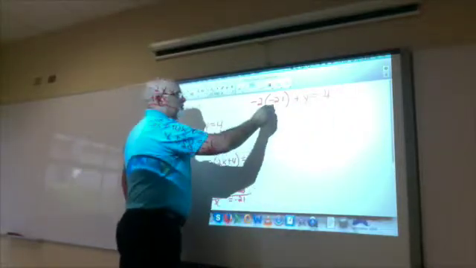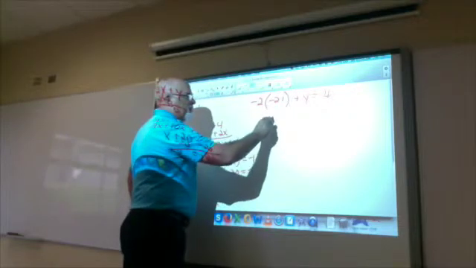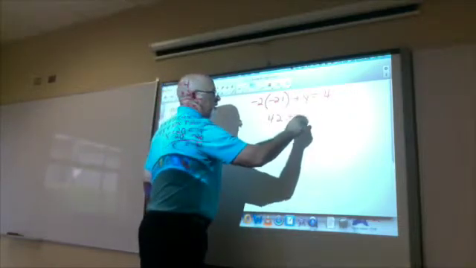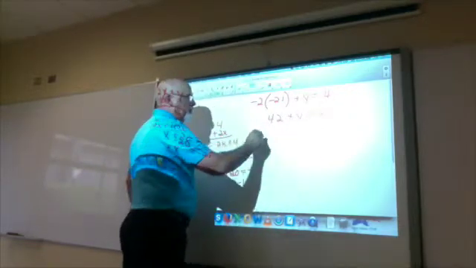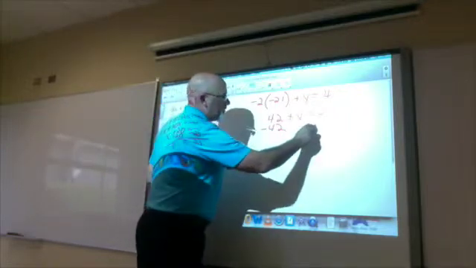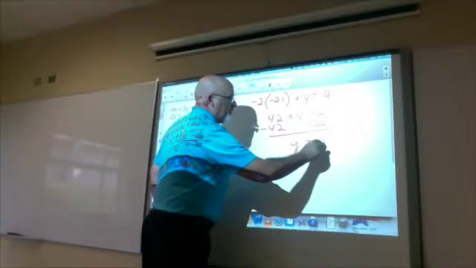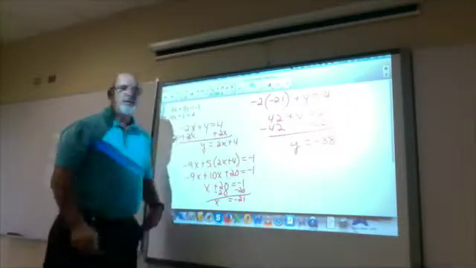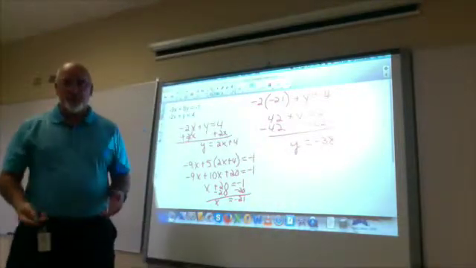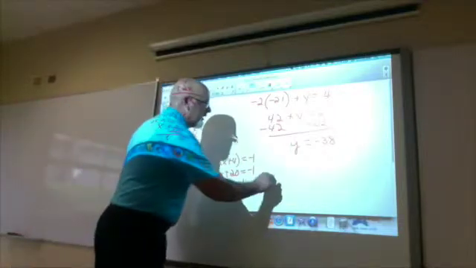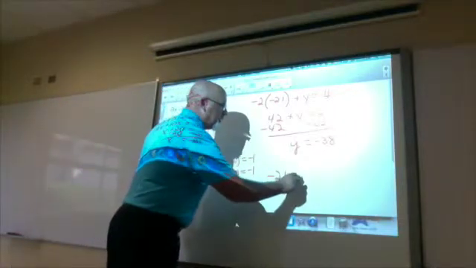That gives me 42 plus y equals 4. Subtract 42 on both sides, and that gives us y equals negative 38. So the ordered pair that is the solution to this system of equations is negative 21, negative 38.